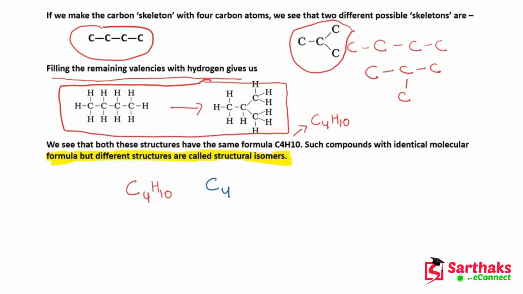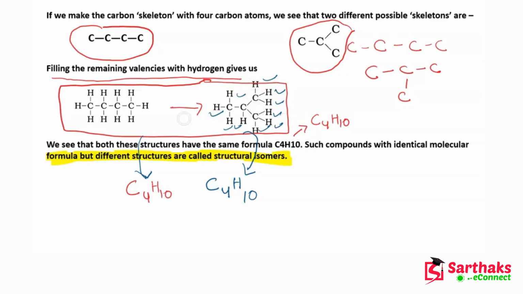And if you count the hydrogens, 1 to 10, it means 10 hydrogens are present. So this is the molecular formula for this structure, and this is the molecular formula for the other. Now you can observe that the structure is different.